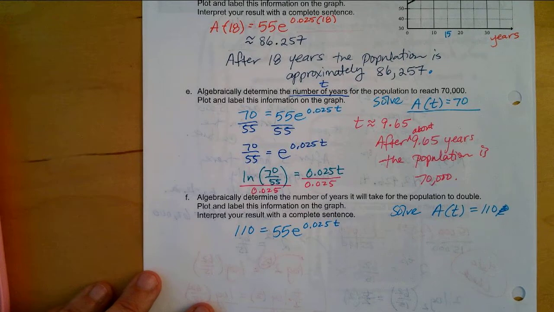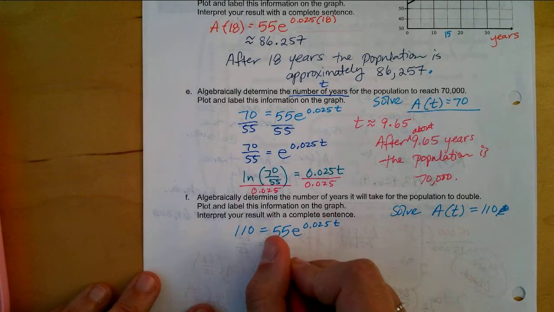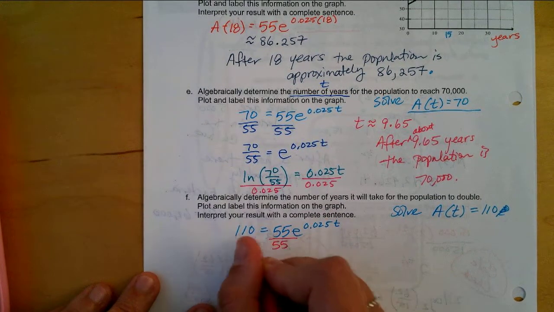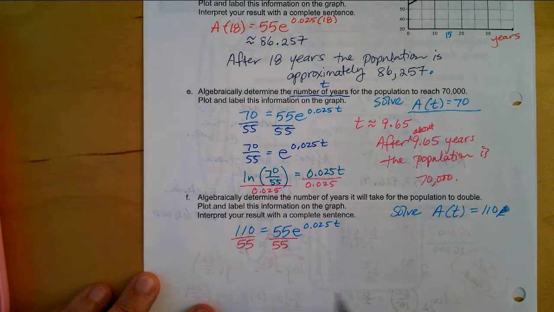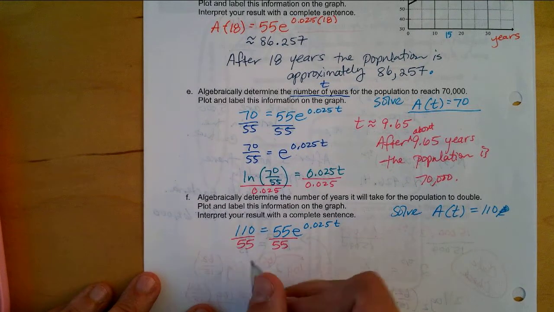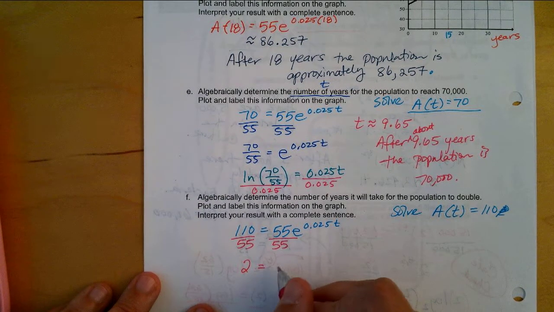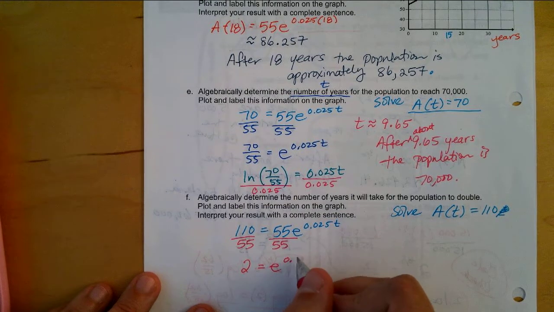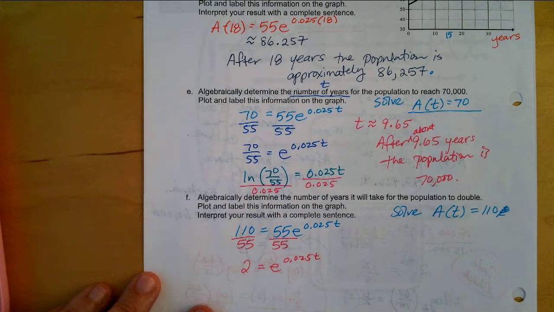Okay, now notice this is where this comes in, because you're going to see this on Connect Math. Sometimes they don't tell you where it starts. This is our initial amount, is the 55,000. But notice when you divide, you get 2, e to the 0.025t.